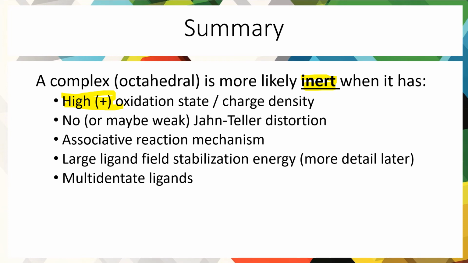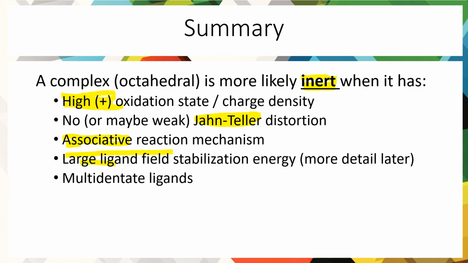Next, you can look at Jahn-Teller distortion. Distorted complexes react quickly, so undistorted complexes tend to be inert. If you know the reaction mechanism, it's true that most associative reactions for octahedral complexes are slower than dissociative reactions. So if you know that it's associative, it's more likely to be inert.